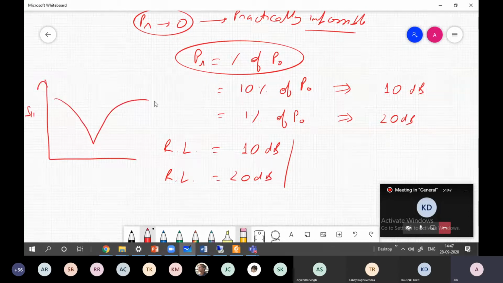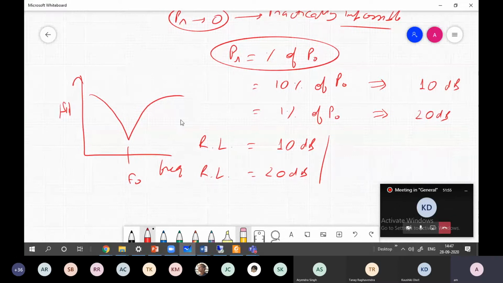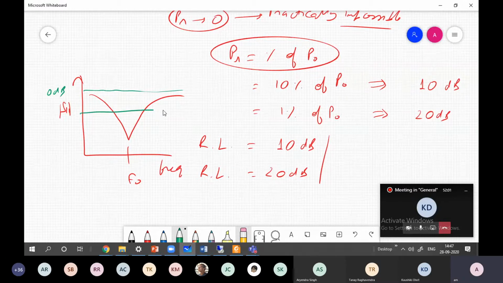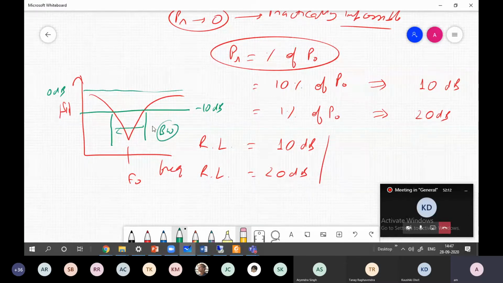It will be something like this at F naught. On the y-axis is mod of S11 in dB. Let us say this is our 0 dB line, and this is minus 10 dB. So I will have this bandwidth, the bandwidth for 10 dB return loss.